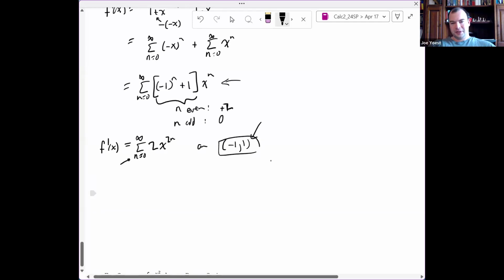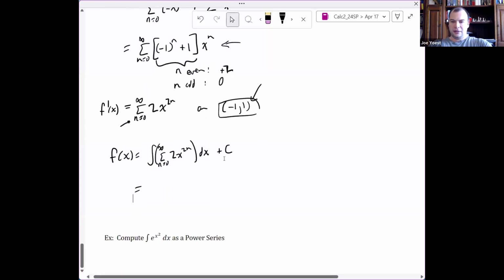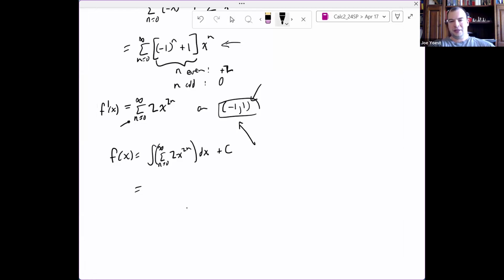And then what do we do now? We just integrate. And again, as long as we're on our open interval of convergence, we can swap the summation and the integral sign.